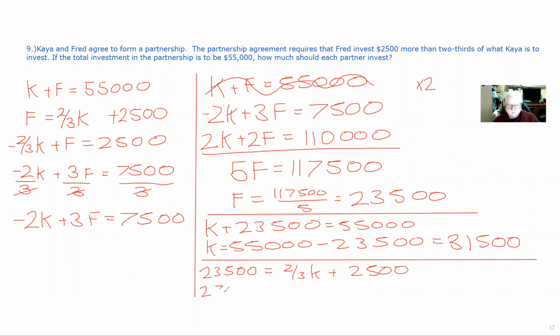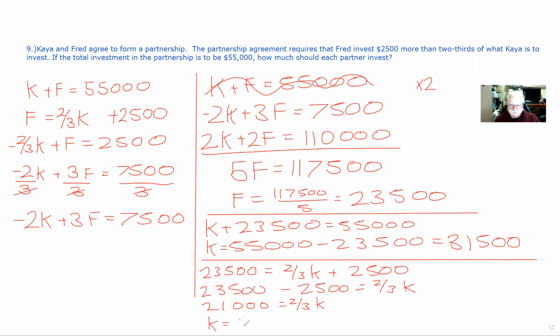So 23,500 take away 2,500 equals 2 over 3 K. So 23,500 minus 2,500 is 21,000 equals 2/3 K. So we're going to have to multiply through by 3 over 2.